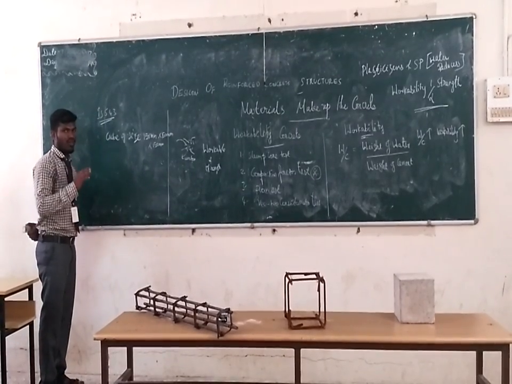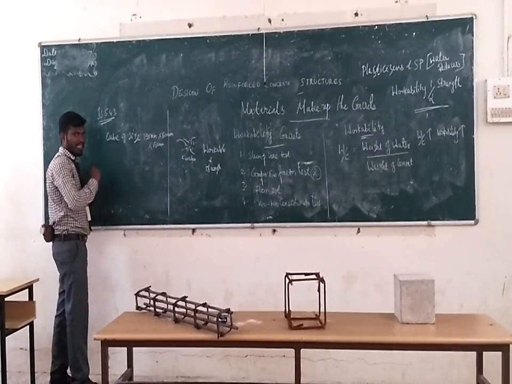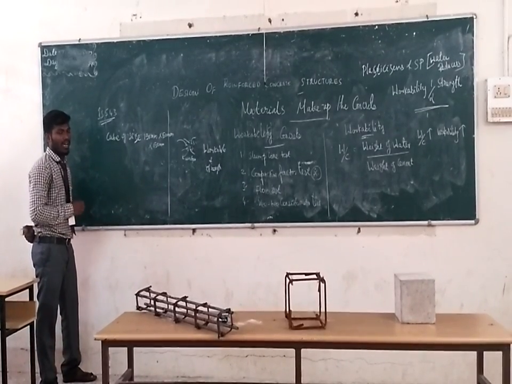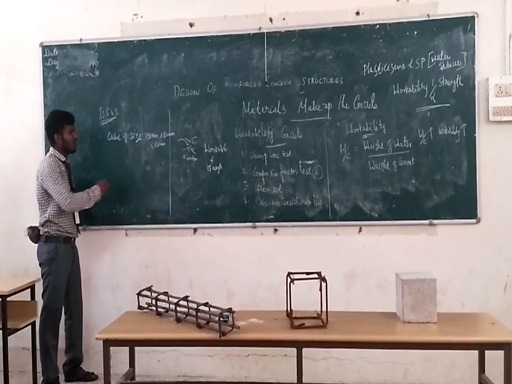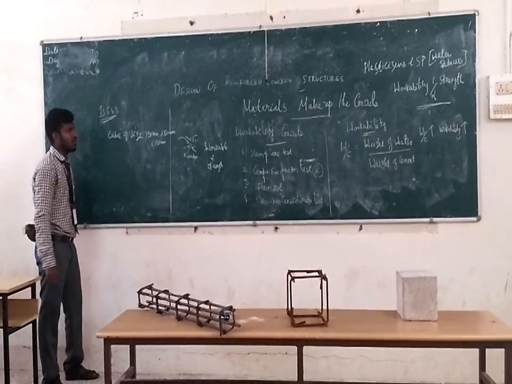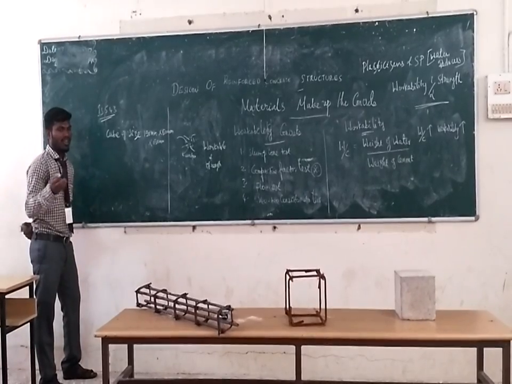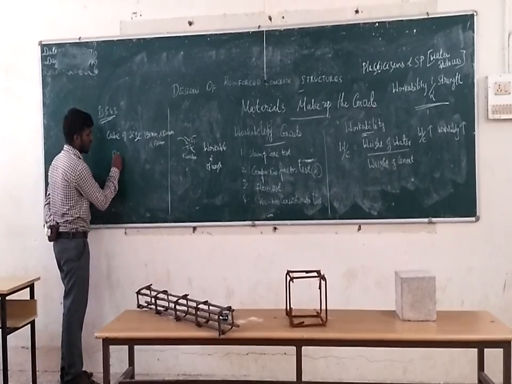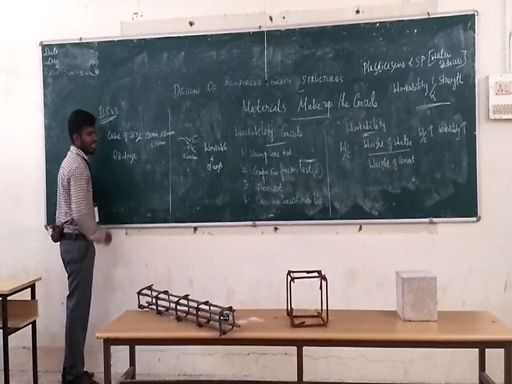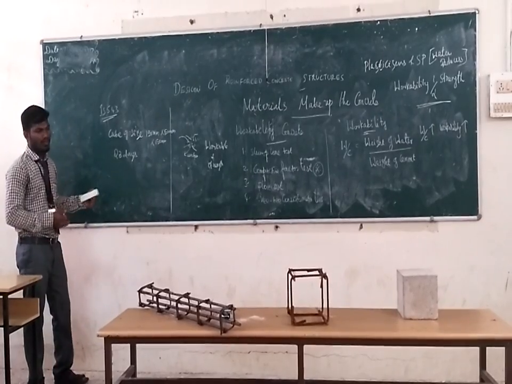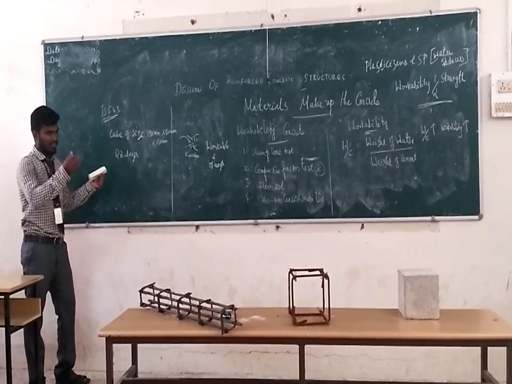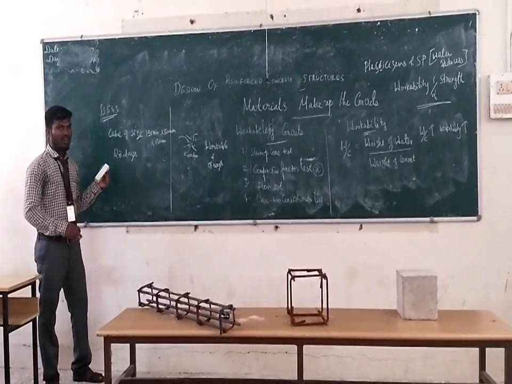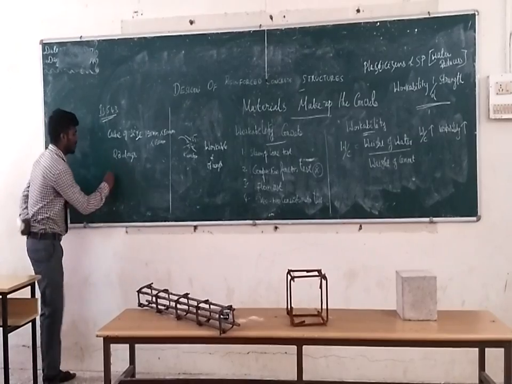First we design the concrete for the strength we want to achieve. Next, we pour the concrete into the cube mold of 150 mm by 150 mm by 150 mm and cure it for 28 days. After 28 days we take the cube out of the mold, dry it, and test it on the compression testing machine.